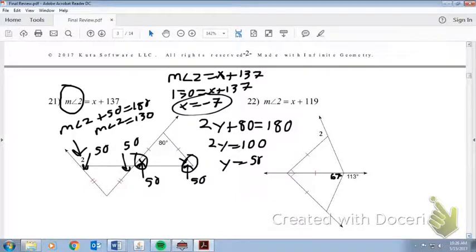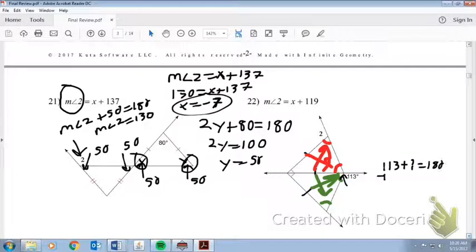We know that this is an isosceles triangle, so if that one right next to the 113 is 67, that one down at the bottom also equals 67. Showing you exactly how I got that. So if we know that one of the green angles is 67, we know both of the green angles are 67. We know the two green angles plus that one on the bottom of the line up top have to equal 180.